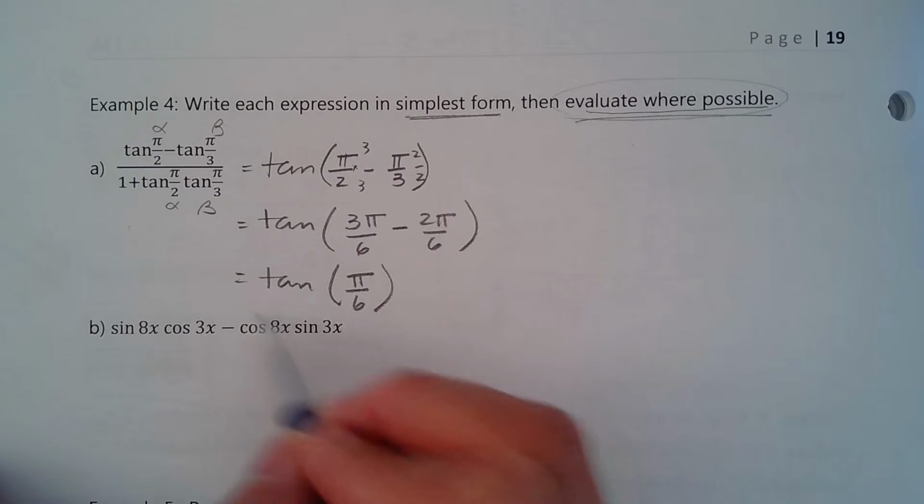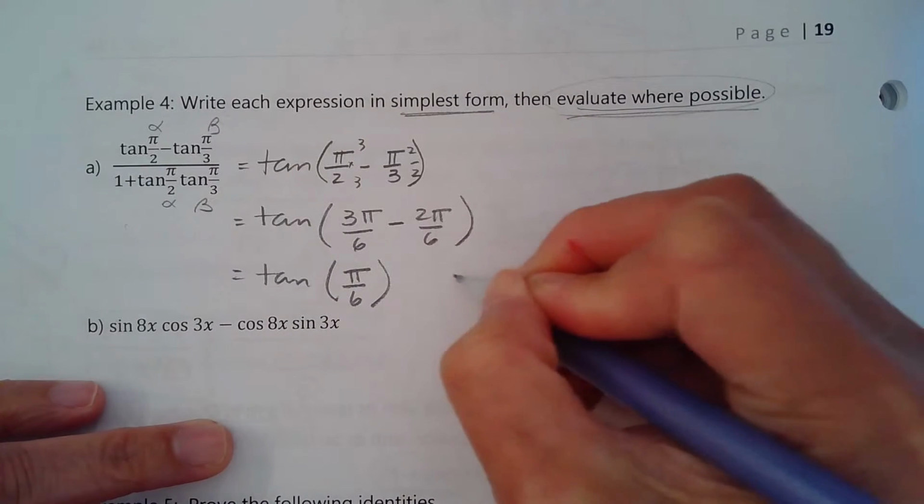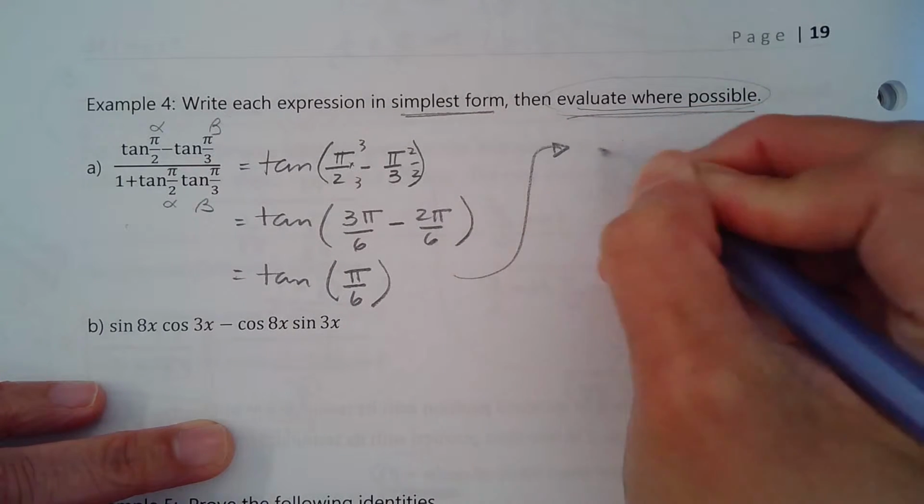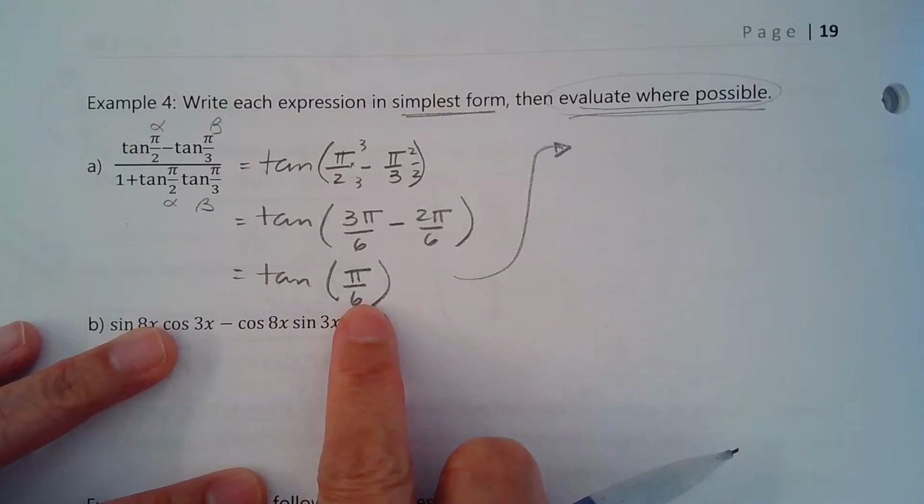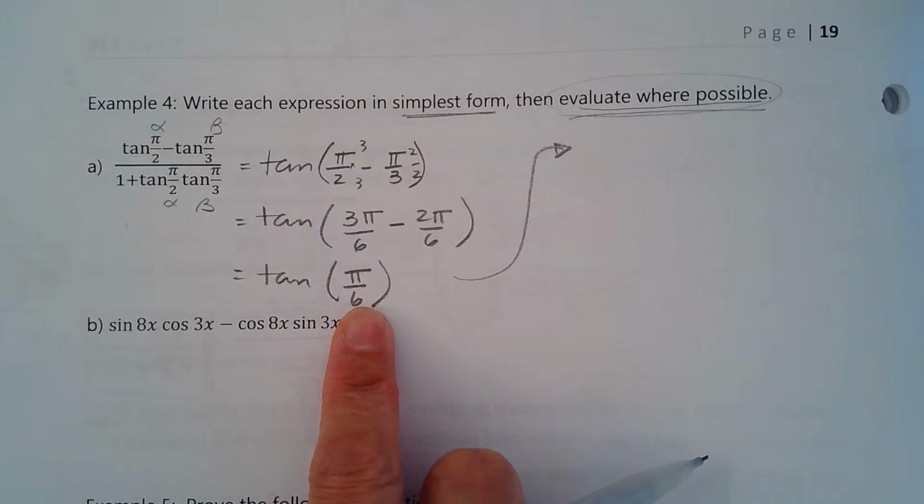So when we have something like this, what is the tan of pi by 6?